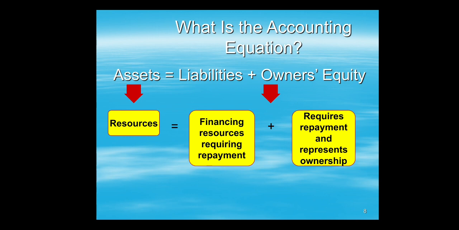Okay, and then a question arises: where are these assets coming from, how did the business get the assets? The logic is the business got the assets by using the amount invested by the owner.